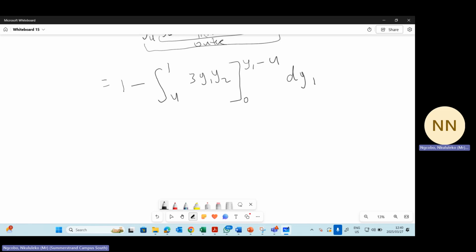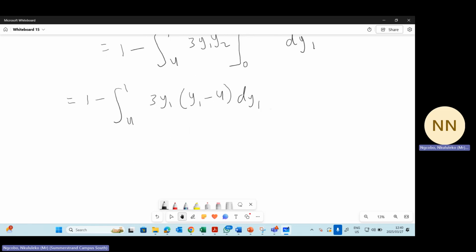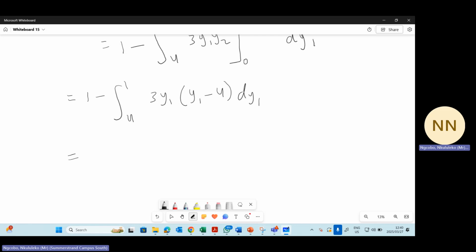This should then give you 1 minus the integration from u to 1 of 3y1 into just y1 minus u dy1, right?